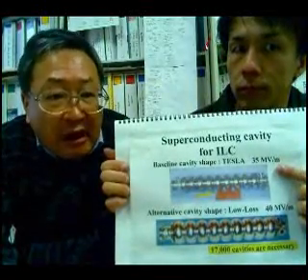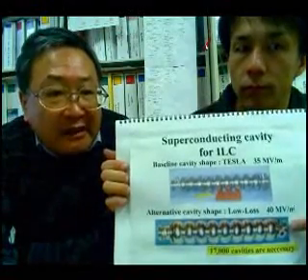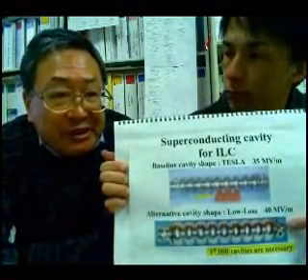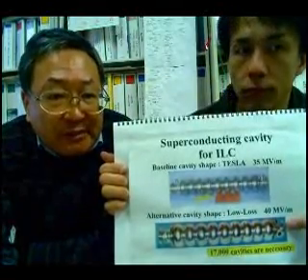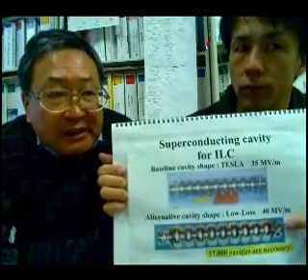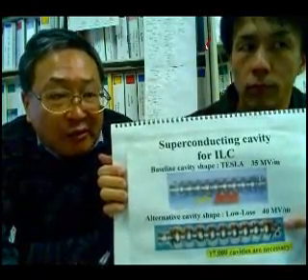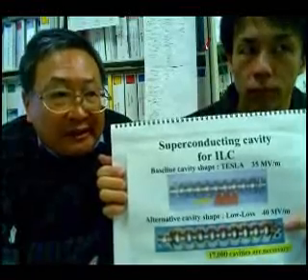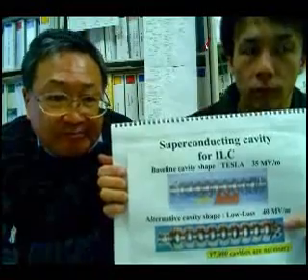But now we are proposing another cavity shape as an alternative, which can produce much higher than 40 megavolt per meter. This high gradient brings several benefits. We can reduce the total tunnel length. Then we can get cost reduction.